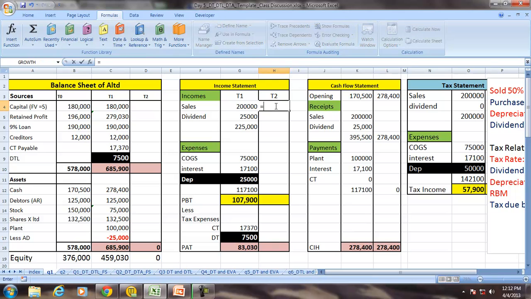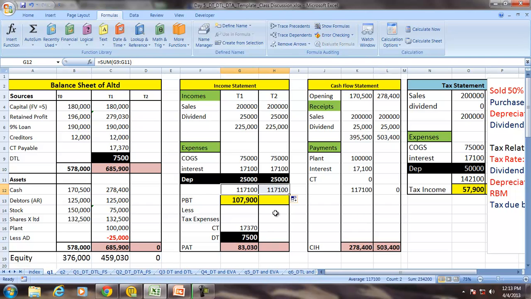Same sales, same dividend, and let us assume that the sales is also received and dividend is also received. The entire balance stock is sold in the second year. Interest is the same. So the expenses in the second year are 225. Depreciation in the second year will also be 25,000 for accounting. So the total expenses for accounting is the same, and the PBT is 107,900.